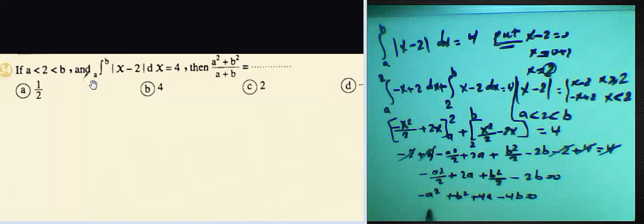We can move 4a and 4b and a power 2 to the other side.